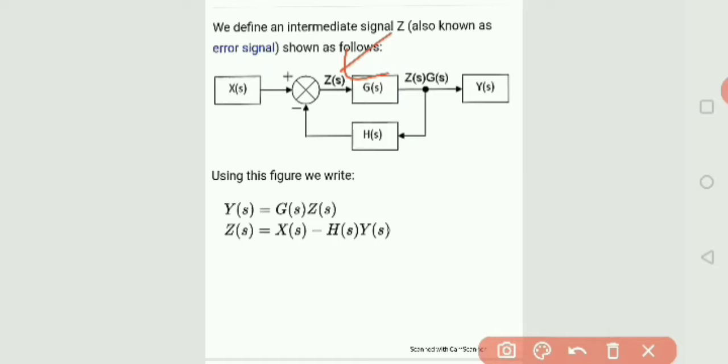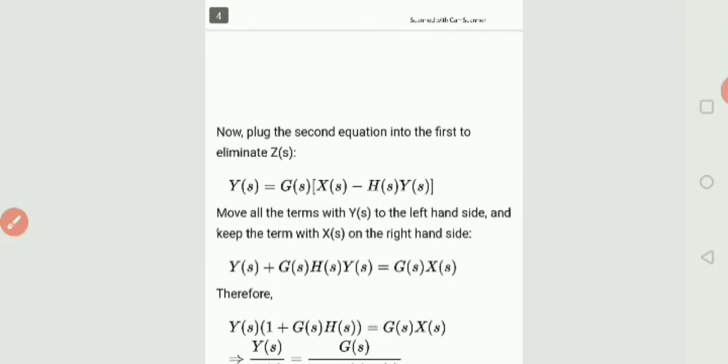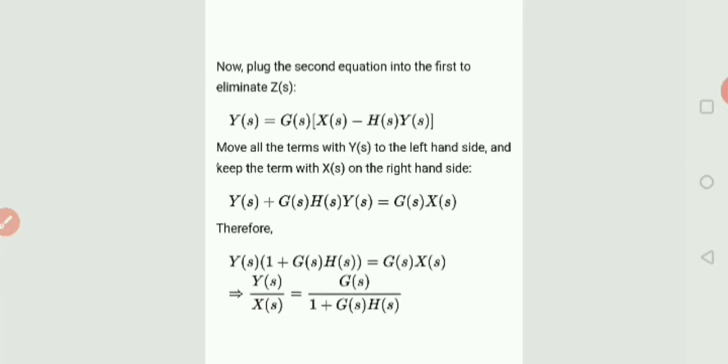Now if we write the equation for the output, Y(s) equals G(s) into Z(s), because the error signal is multiplied by G(s).